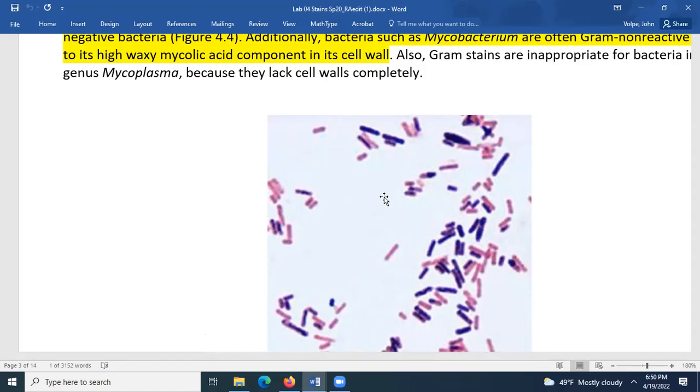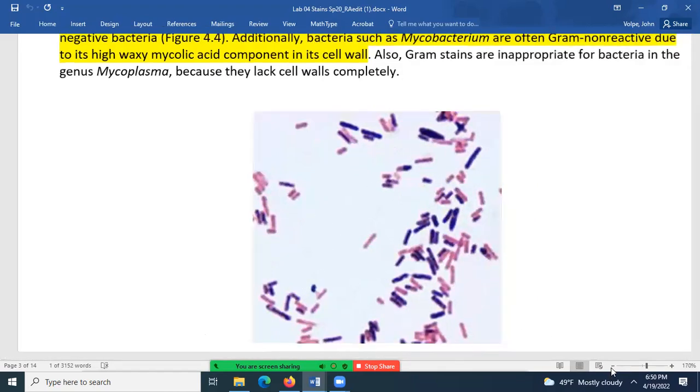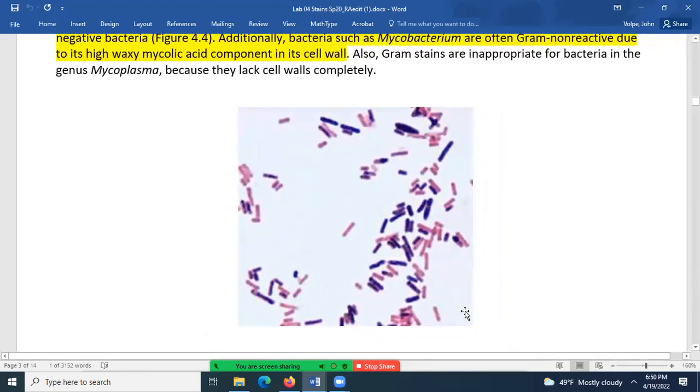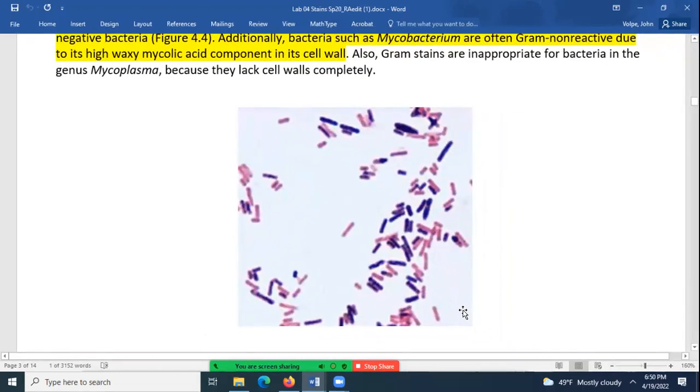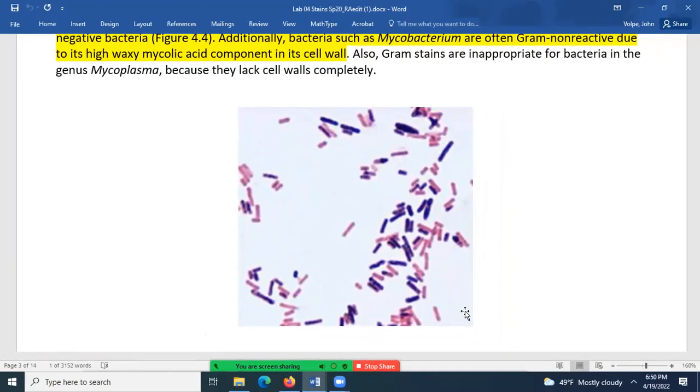Usually what happens when the mycobacterium stain this way, I have had it happen a couple of times with a few students, and I asked them, how old were the cells before you stained them with the gram stain? And almost always the students have told me, oh, these cells were older than 2 weeks old.